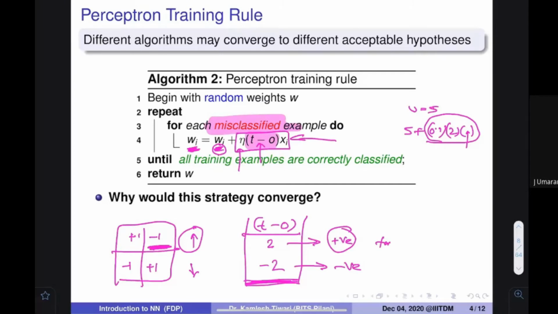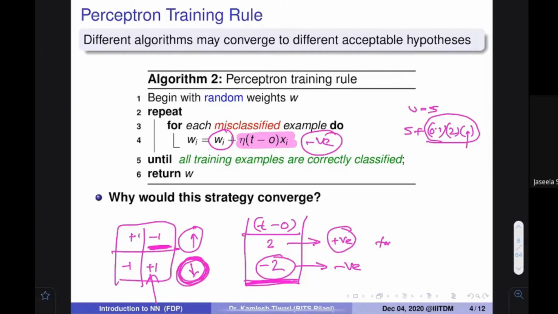In the case of misclassification of the other kind, where I tell a negative item as positive, this value, target minus output, is negative. So this complete thing becomes negative, and your weight is going to decrease.